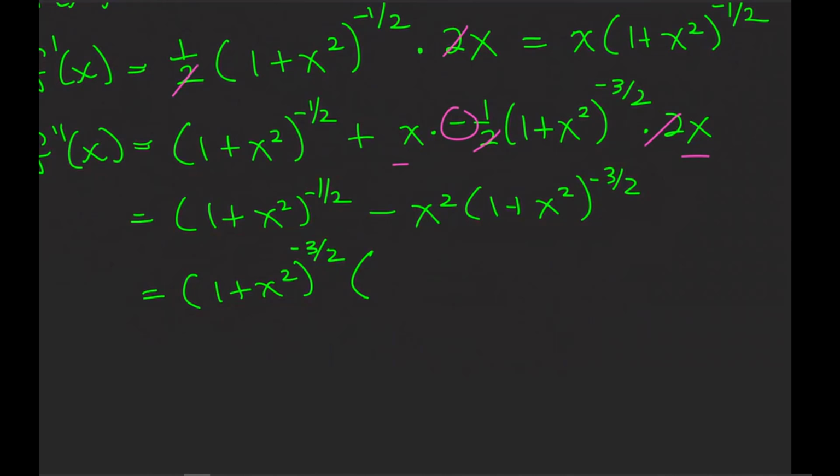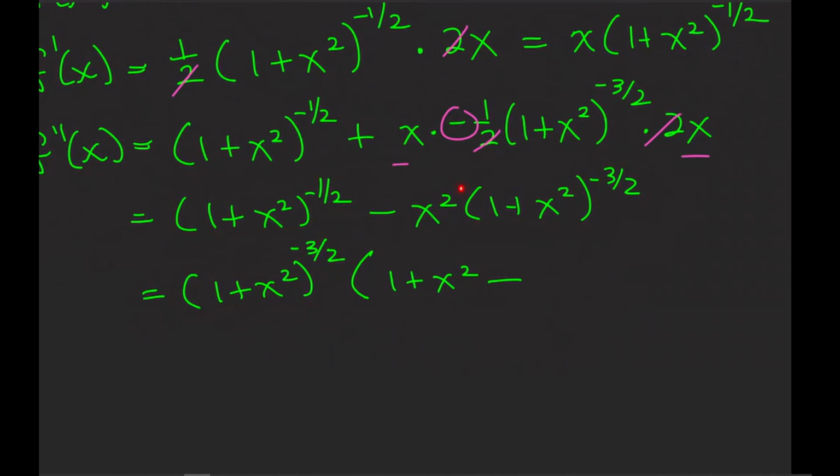So this would have to be 1 plus x squared to what power? Be positive 1, right? Negative 1/2 minus a negative 3/2 would be negative 1/2 plus 3/2. So this would be to the first power. Since it's to the first power, I don't need those parentheses around it.